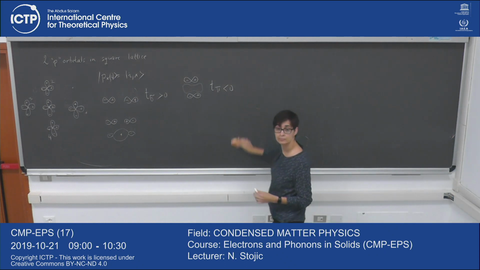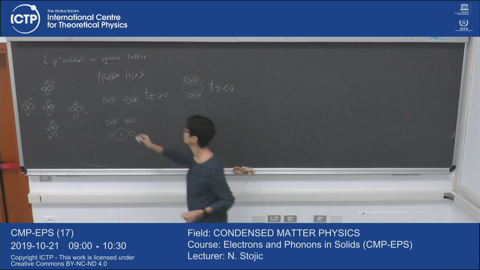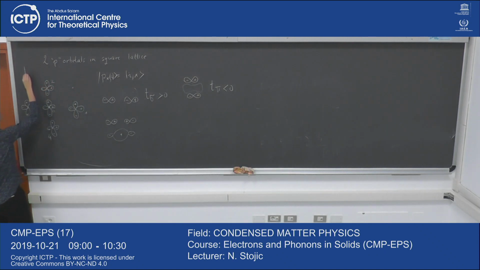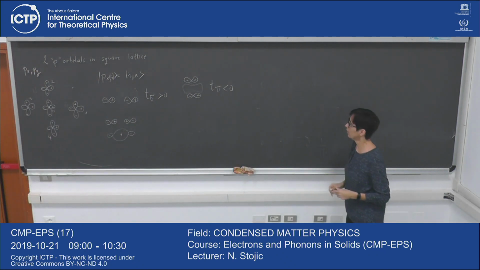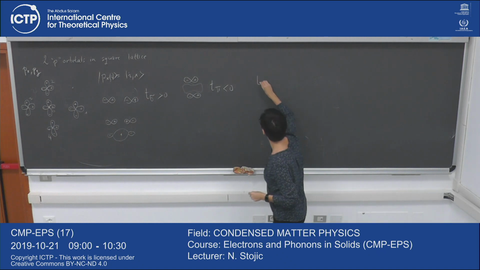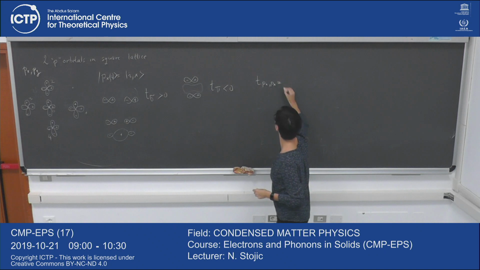The state we're looking at is just 2p. We don't look at other states, just px and py. That's all we are looking at. Okay, so let's write the T, px, px, pi.